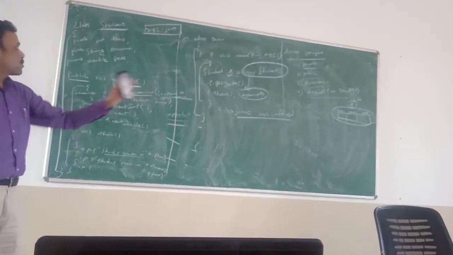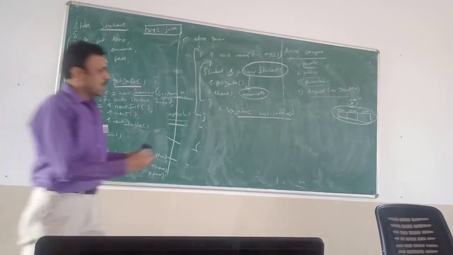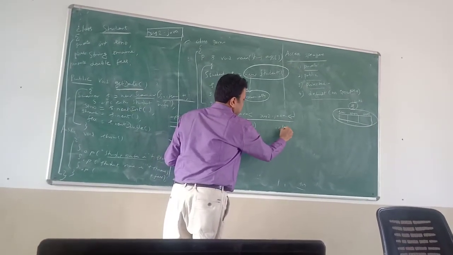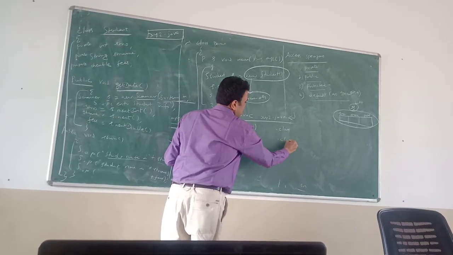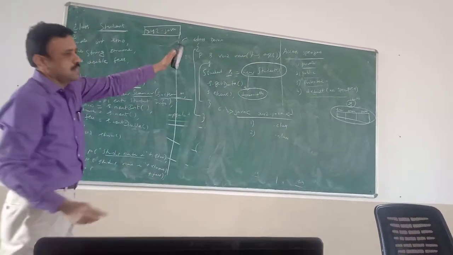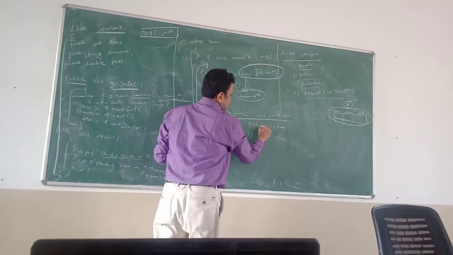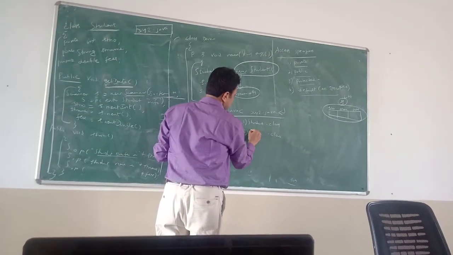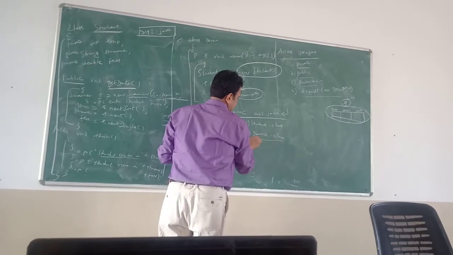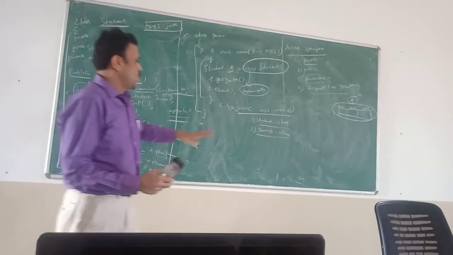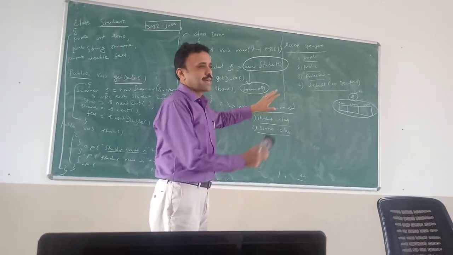Once I compile this program successfully, Java automatically creates two .class files, in this example, because two classes are there. One is Student.class and another is Demo.class.